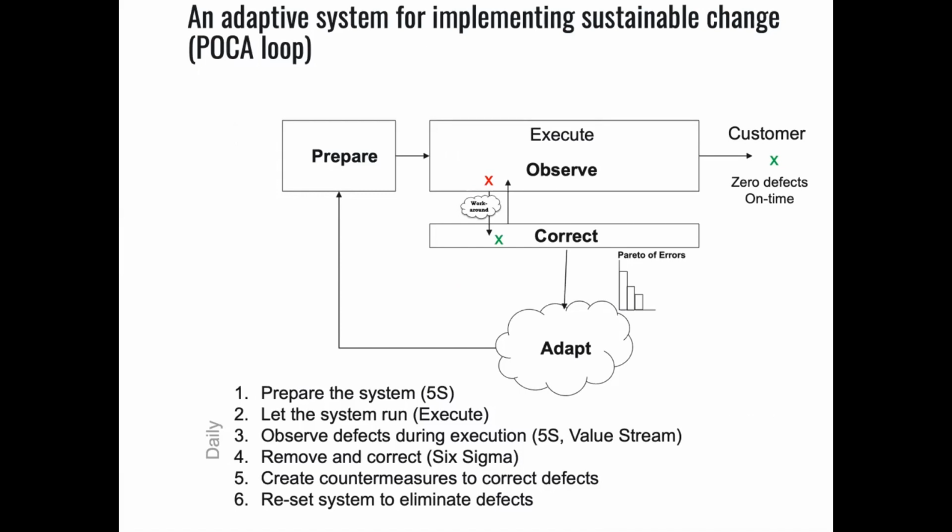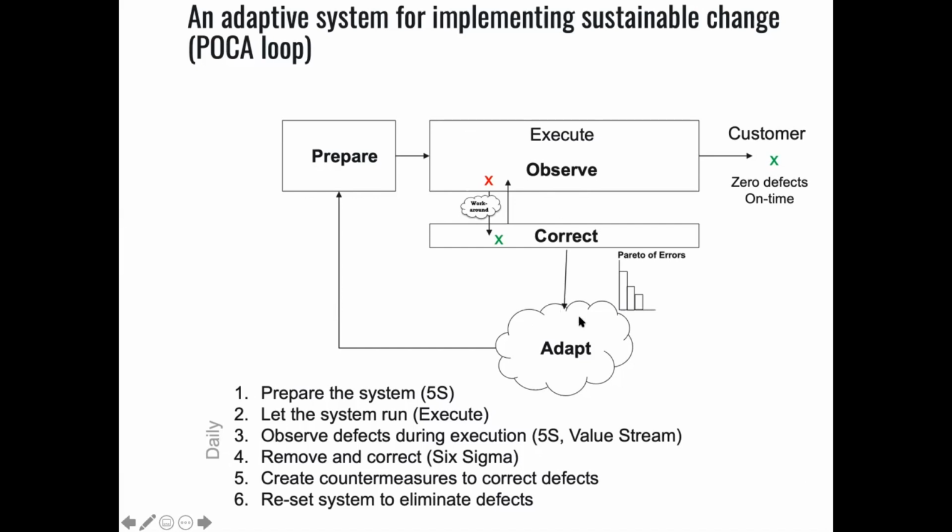And it works like this. The first step is prepare the system for execution as best as you can, right? Next, run the execution. And as you make observations of defects, catch them quickly and correct them, right? Now, that's normally known as a workaround, but if we're scientific about that, if we get enough of those corrections, we actually adapt. And then the system changes through preparation and observation.